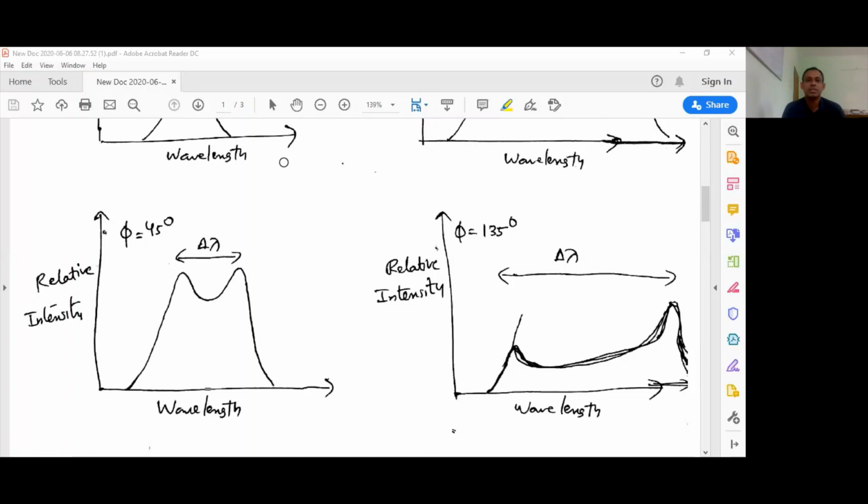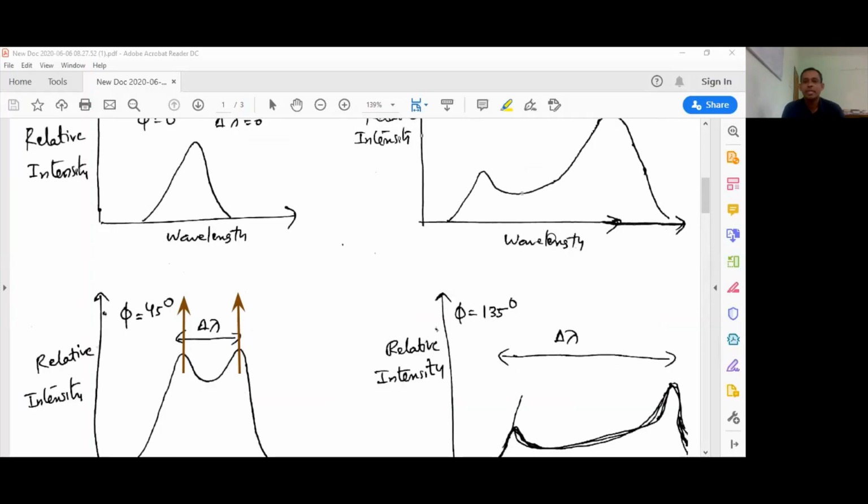We get two peaks, one here and another peak here. That means it consists of two wavelengths, and this delta lambda can be determined.